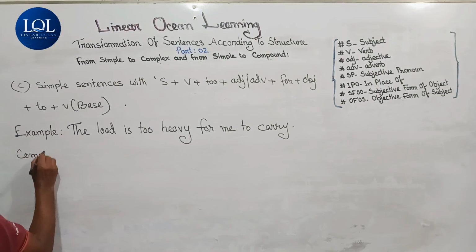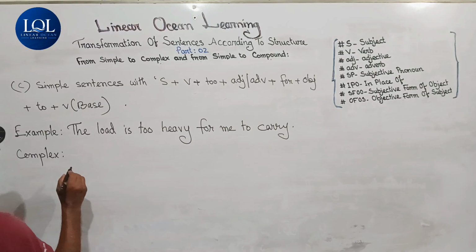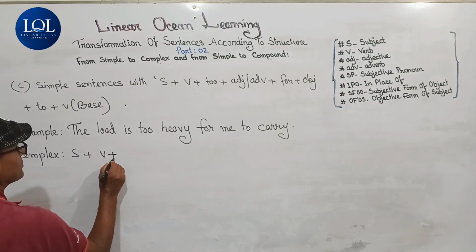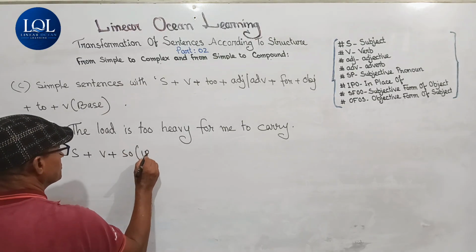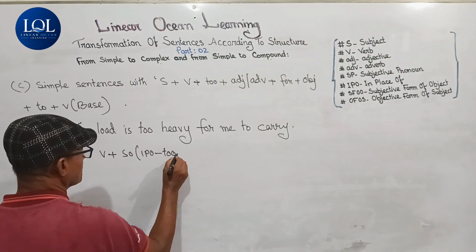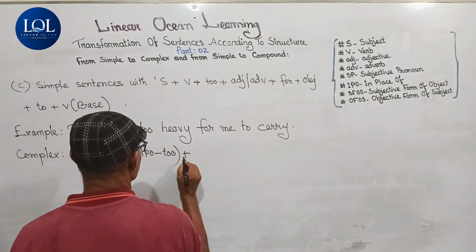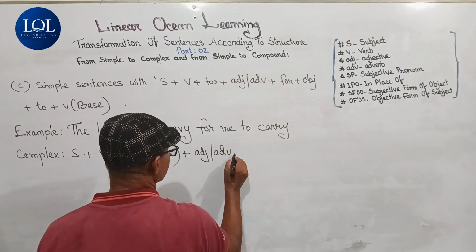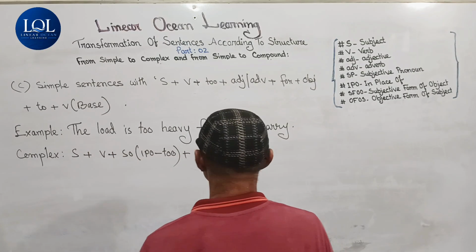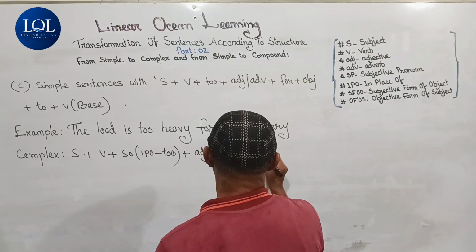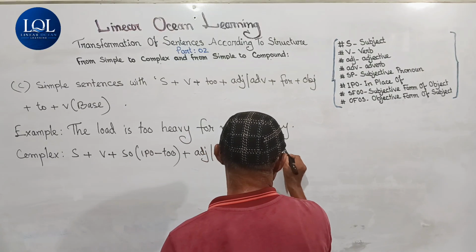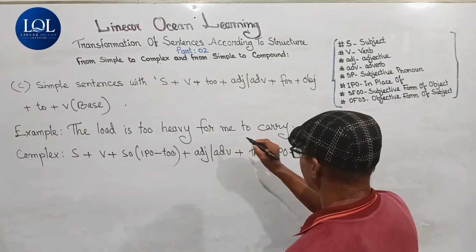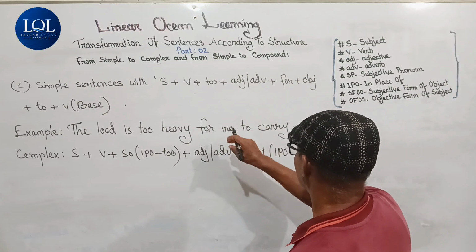Complex: subject, verb, so, IPO2, plus adjective or adverb, that, IPO4, plus subjective form of this object.